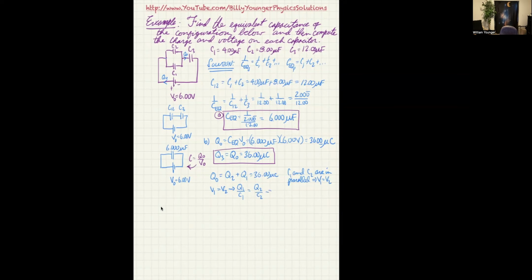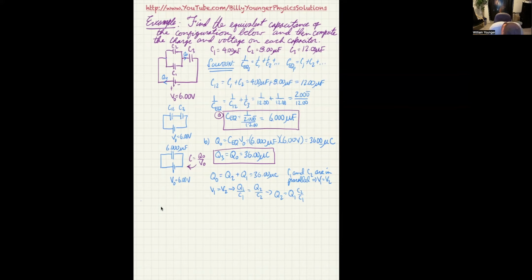And that actually allows us to compute that Q2 is equal to Q1 times C2 over C1.